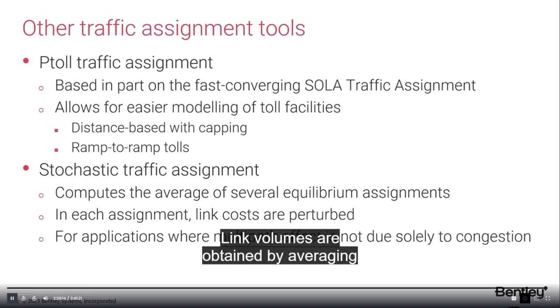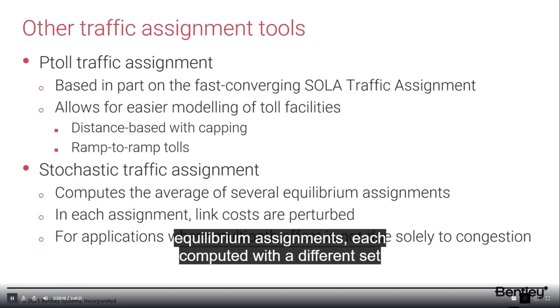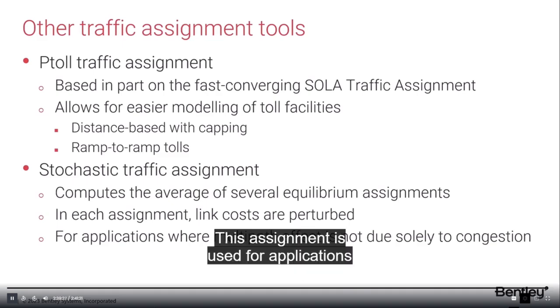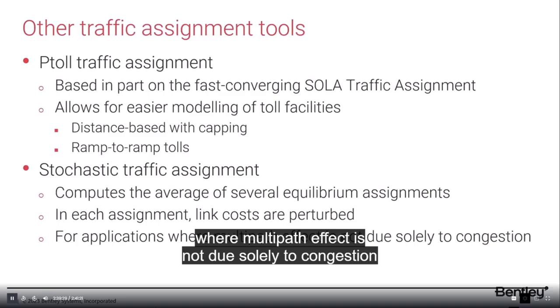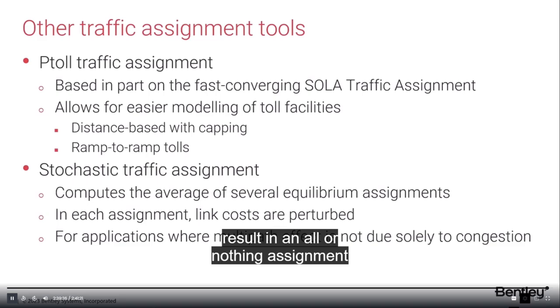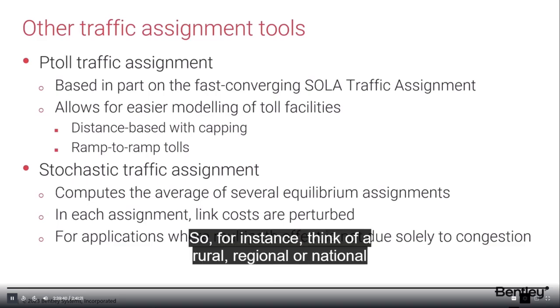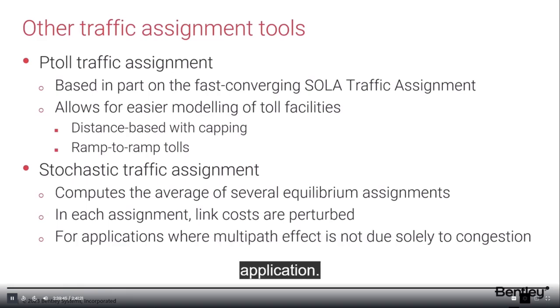Link volumes are obtained by averaging the results of a number of separate multi-class equilibrium assignments, each computed with a different set of random terms. This assignment is used for applications where multipath effect is not due solely to congestion or where the user equilibrium assignments may result in an all or nothing assignment on an uncongested network. So for instance, think of a rural, regional, or national application.